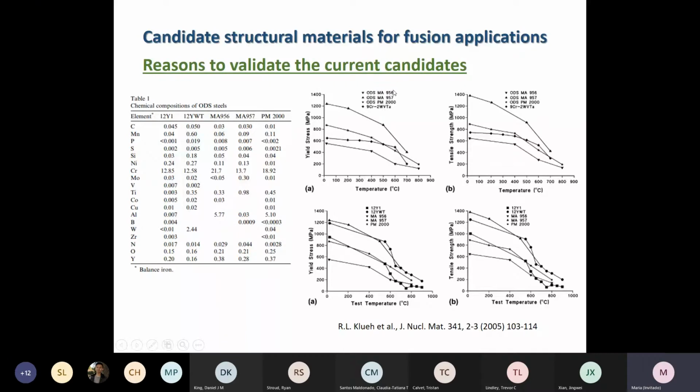Okay, and I would like for us to look at this graph in here. We can see that any of the ODS alloys, compared to a non-ODS model material, which is in here, all of them improve their mechanical properties with respect to the non-ODS version. And in the bottom part in here, the 12Y1 and the 12YWT are experimental alloys. So they are laboratory alloys, non-commercial ones.